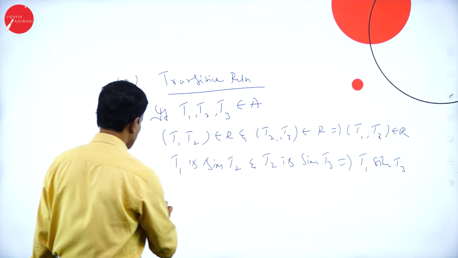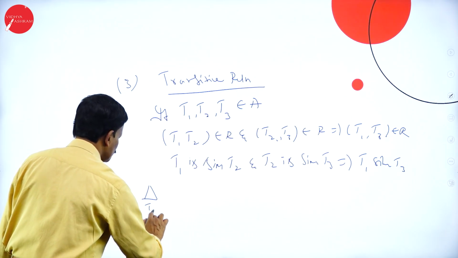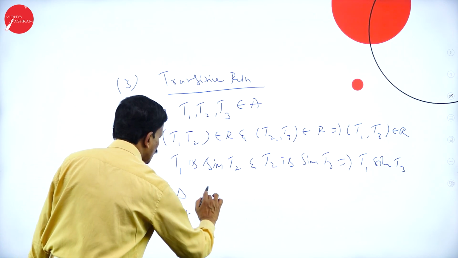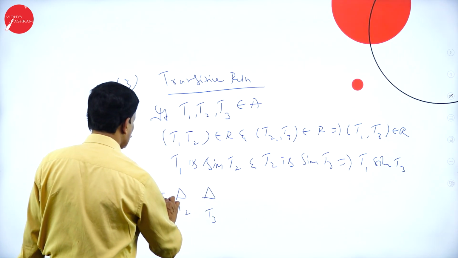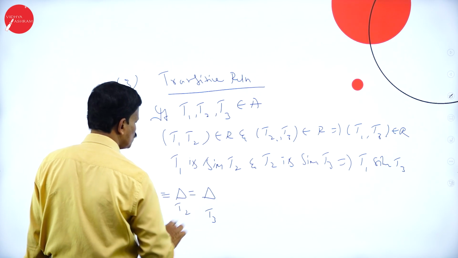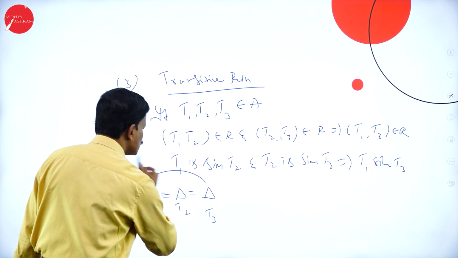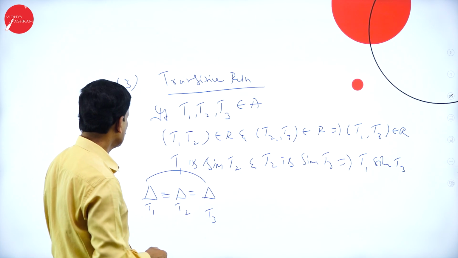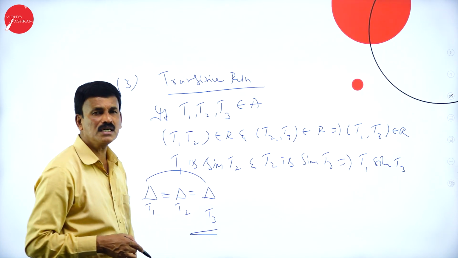Suppose there are three triangles, triangle 1, triangle 2 and triangle 3. If T1 is similar to T2, and T2 is similar to T3, then T1 is also similar to T3. This is how we can verify the equivalence.